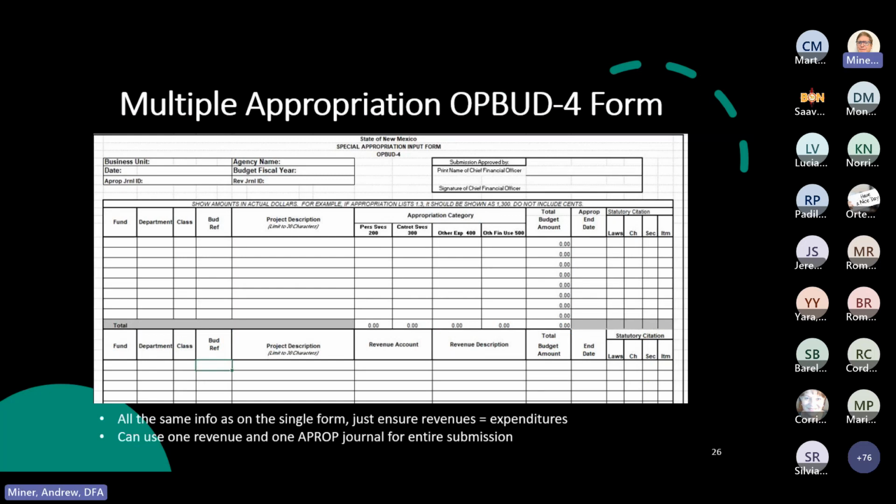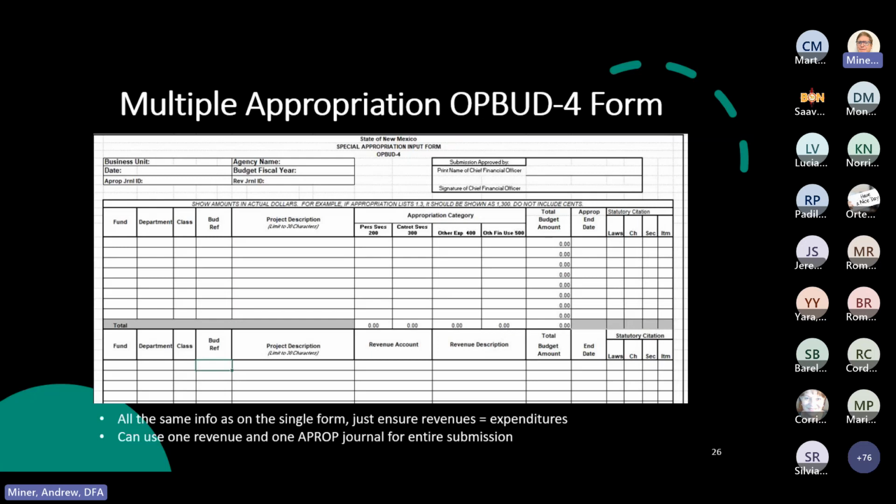So this is something I wanted to point out. This is something that we created this year, due to the number of non-recurring appropriations that have been out there in the past few years. It used to be that agencies had to submit separate OPUD forms for every single appropriation. So this year we decided, let's try to consolidate things, and we came up with this multiple appropriation OPUD 4 form. This allows you, if you've got like 10 items in section 5 or the junior bill, to budget them all on this one form.